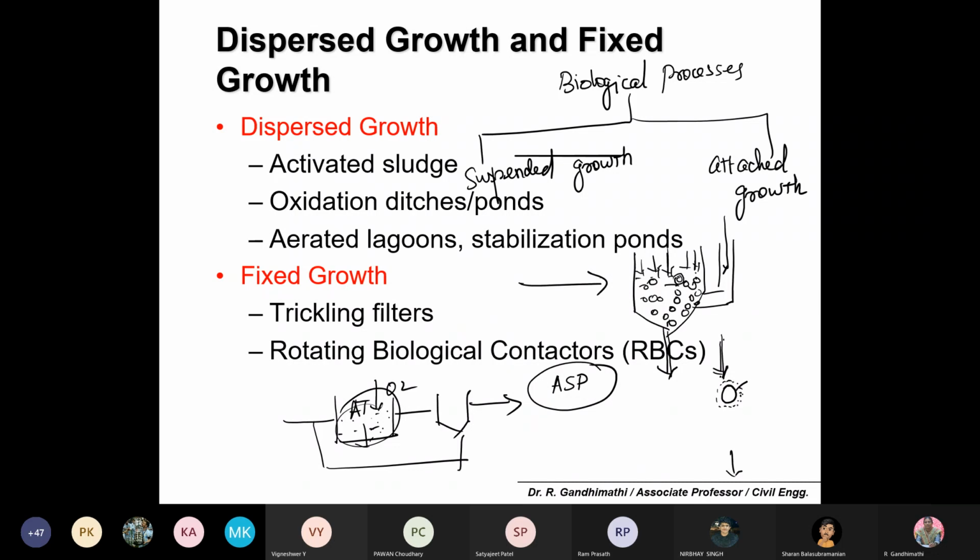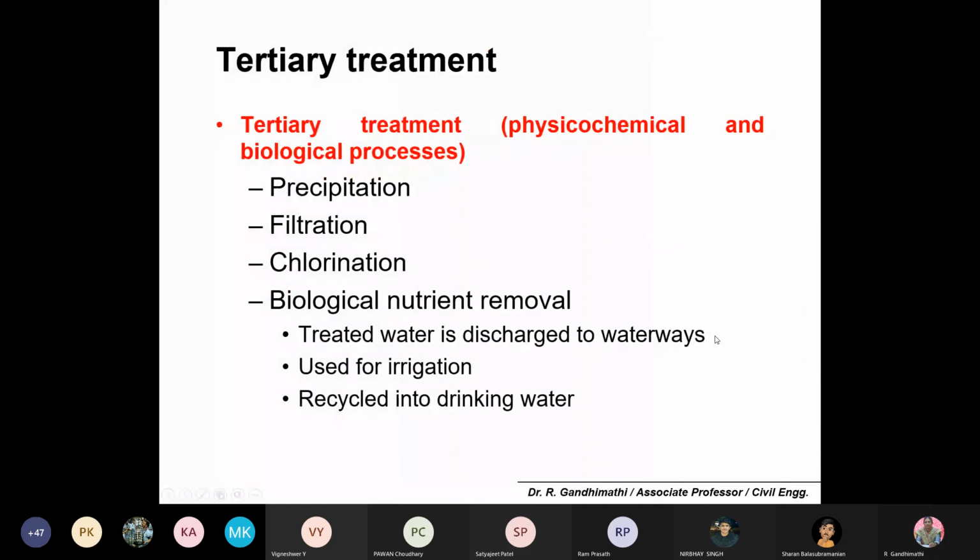Okay, suspended, it is like liquid, you are supplying the oxygen. The microorganisms are suspended in the liquid, whereas in case of attached growth, the microorganisms may attach to the filter medium and then carry out all the operations. And then tertiary treatment is mainly to remove the pathogens, okay, also to remove the nutrients.